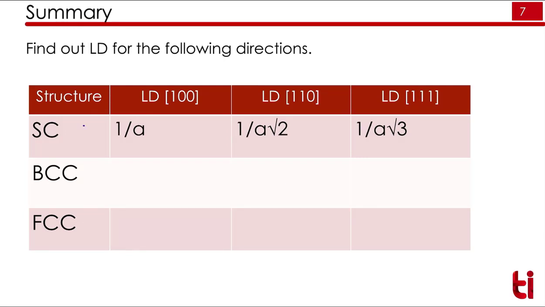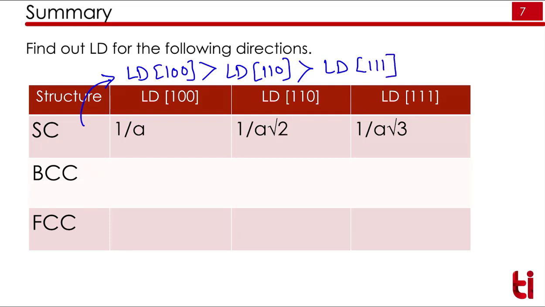For example, for simple cubic, the linear density along 100 is greater than along 110, which is greater than along 111. So the 100 direction has the highest linear density compared to the other directions. That's why in this direction the properties may be different than in the others.